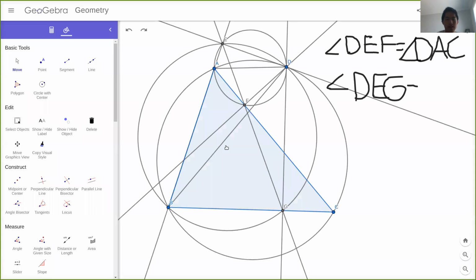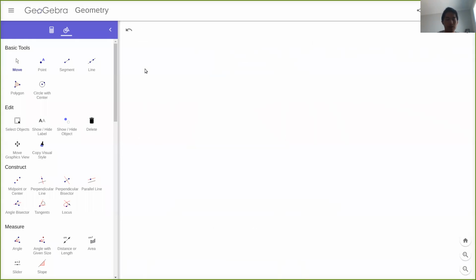So we saw it solve the Simpson line. So when you want to angle chase, you can use cyclic quadrilaterals to relate different angles.